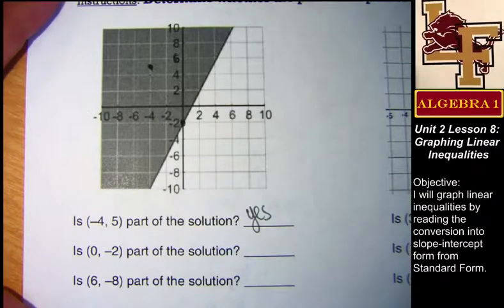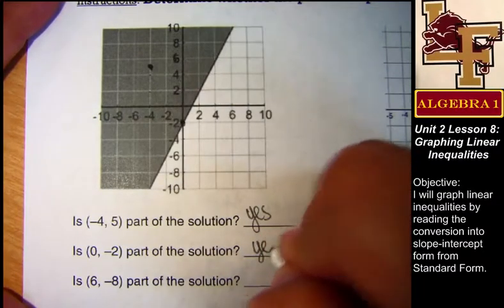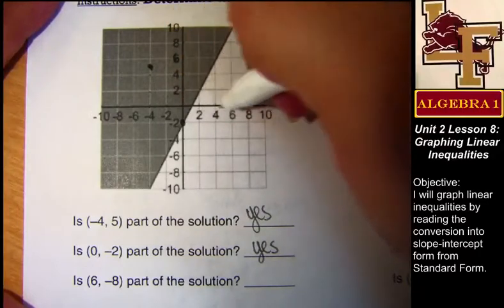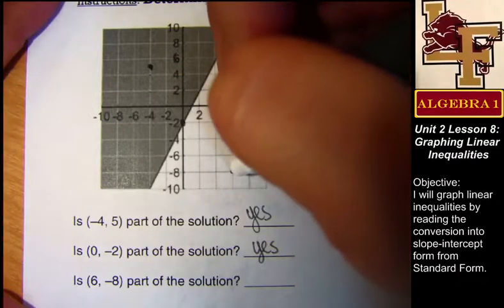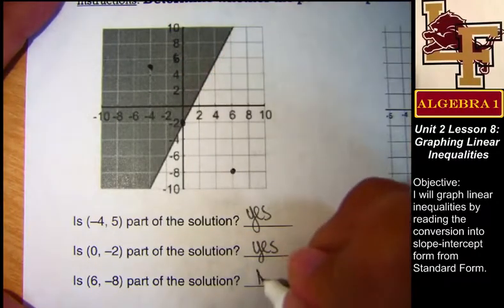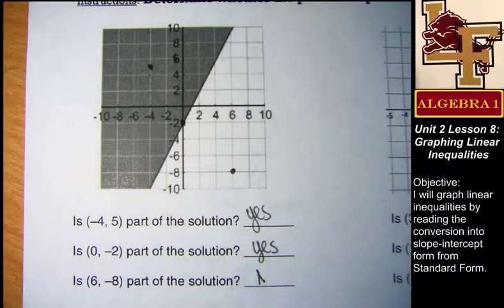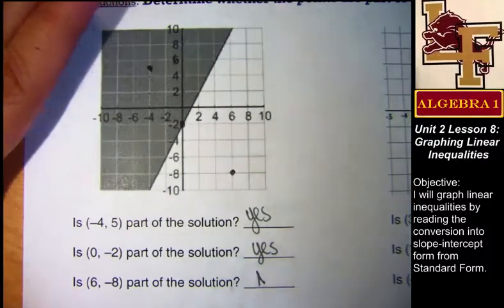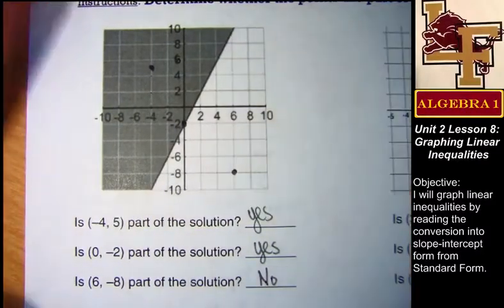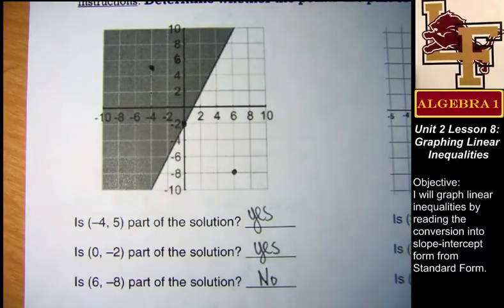Part of the solution? 6, -8. No. She said no. No, it's no. Why not? Because I thought it was a -6, that's why. Gotcha. Because it's not in the shaded part.